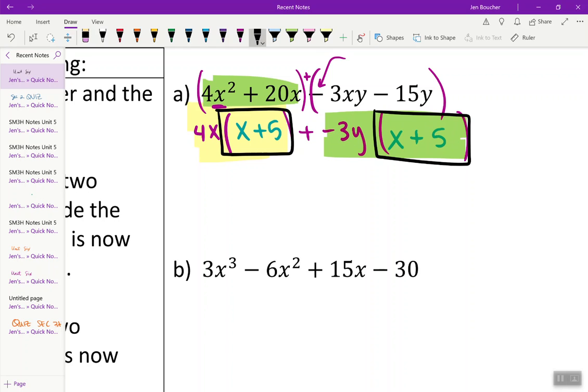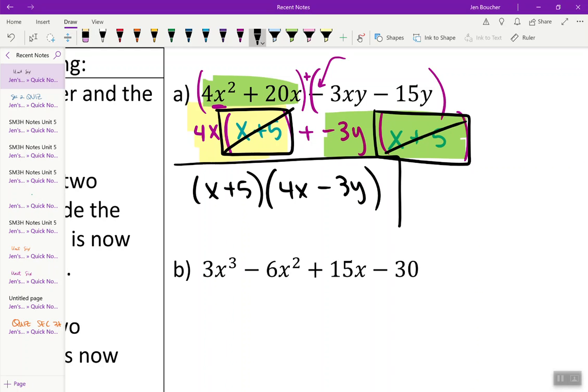We can't cancel it out, but this x plus 5 becomes the greatest common factor of this new binomial. So we're going to take out the greatest common factor. This time the greatest common factor is a binomial itself. We're taking that out front, which means it's no longer here and it's no longer here. What's left over? The 4x and the minus 3y. You don't need the plus.